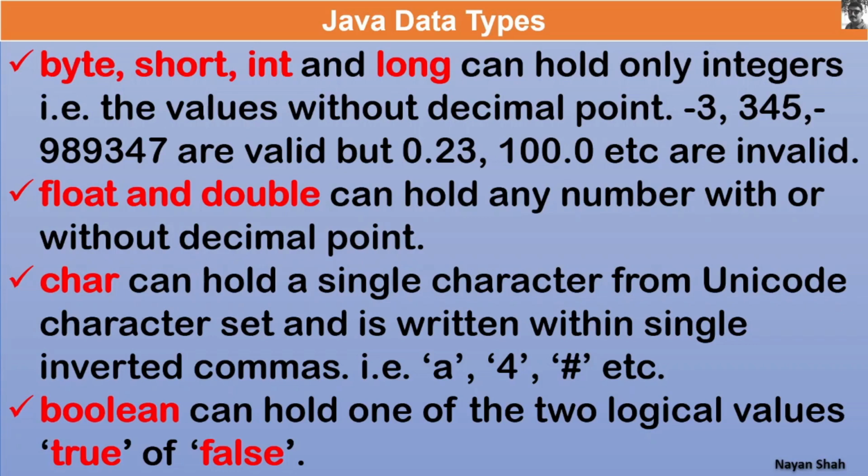All these are valid, but 0.23, 100.0, etc. are invalid, because byte, short, integer, and long, all these 4 data types can hold whole numbers but cannot hold a decimal point. Whereas float and double can hold any number, with or without a decimal point.